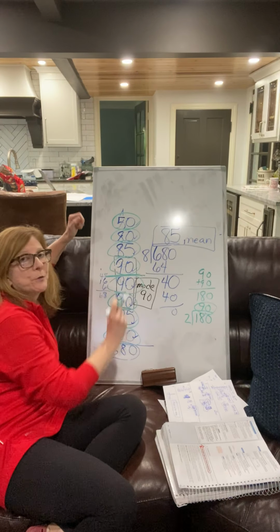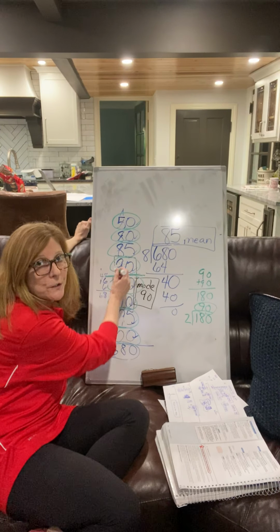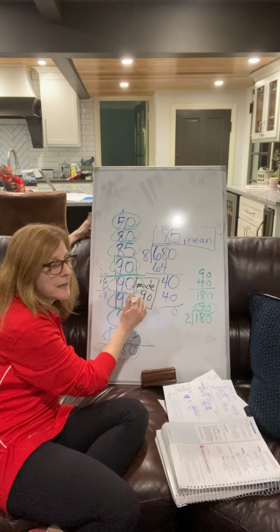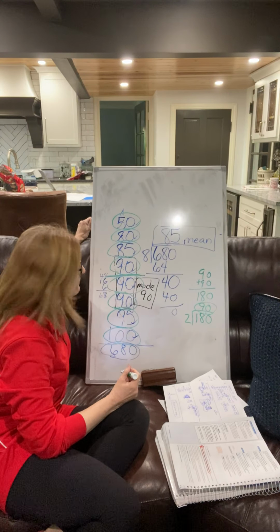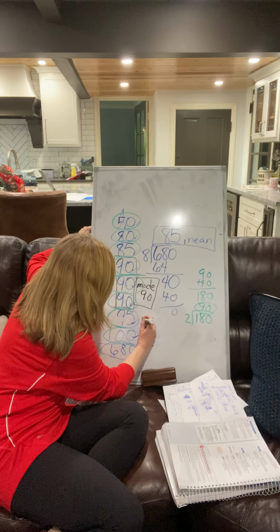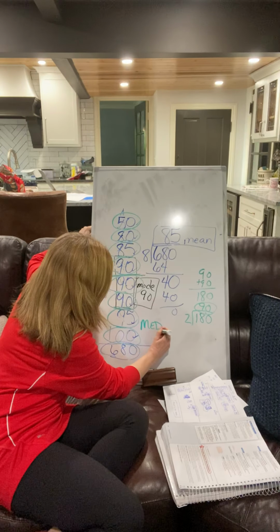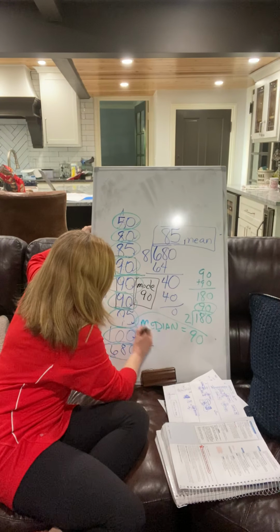When they're the same number, you know it's going to be that number. But it works even if you use the rule, okay? All right, so the median, it has the D in it. Median for middle is 90.